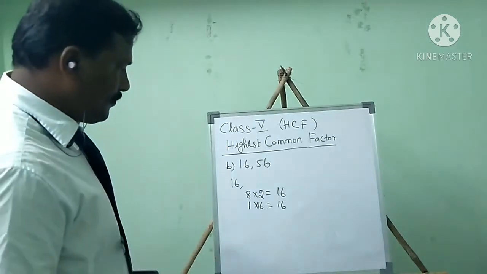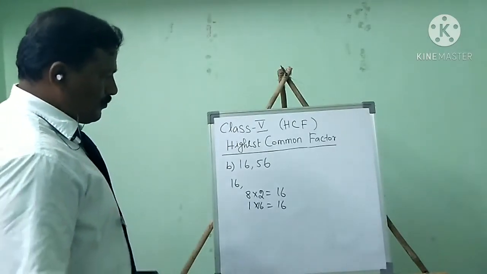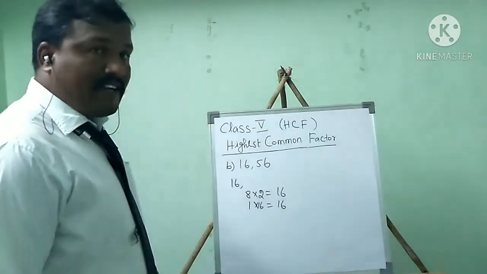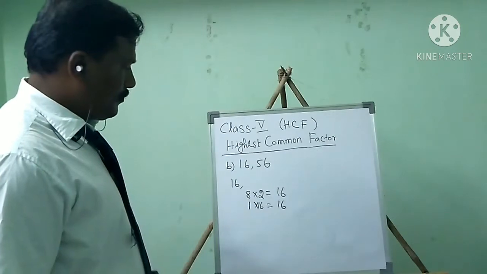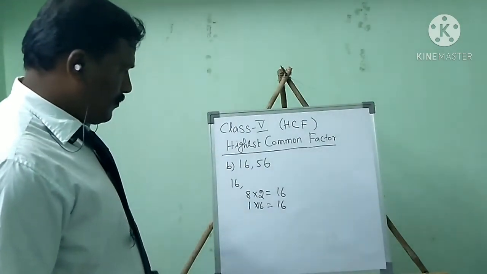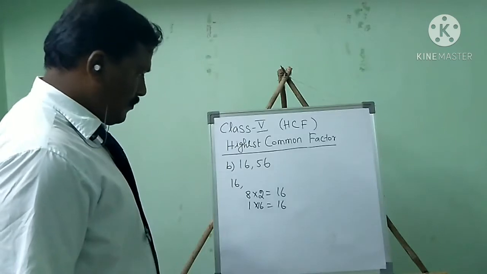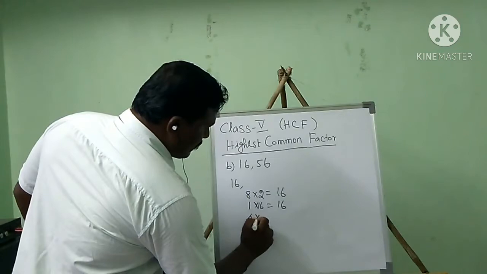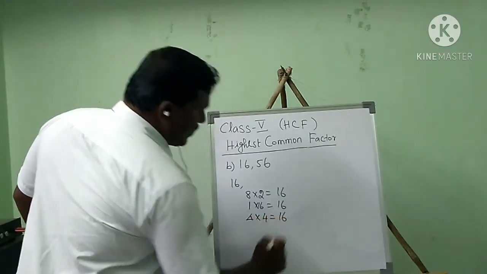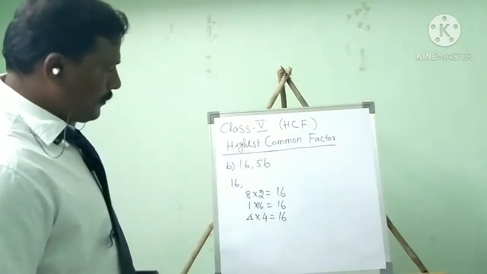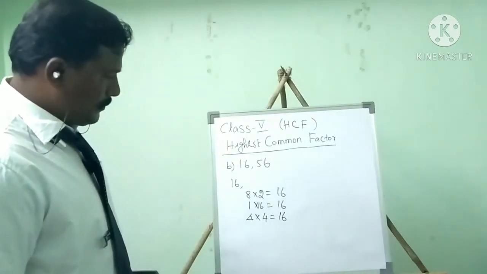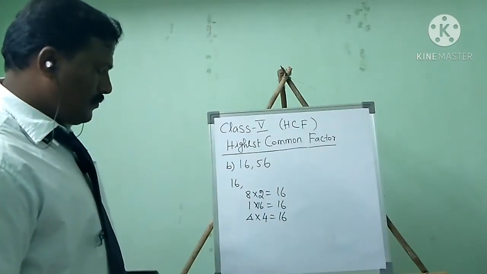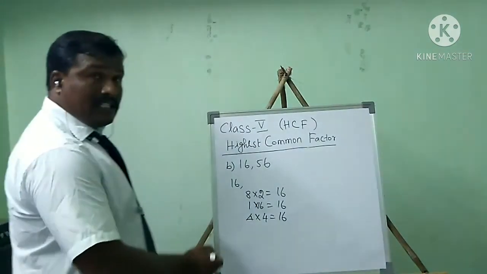Then another factor, 4 fours are 16. Okay. These all are factors.